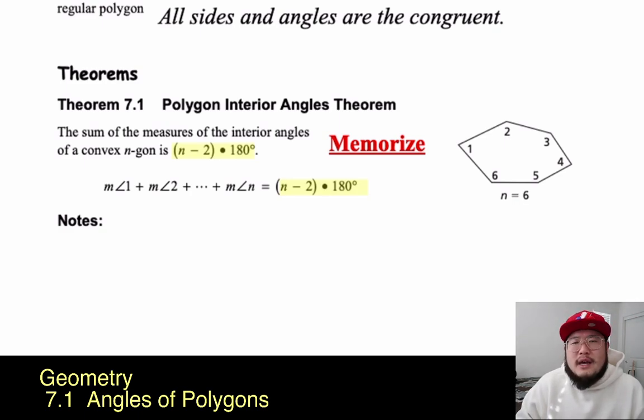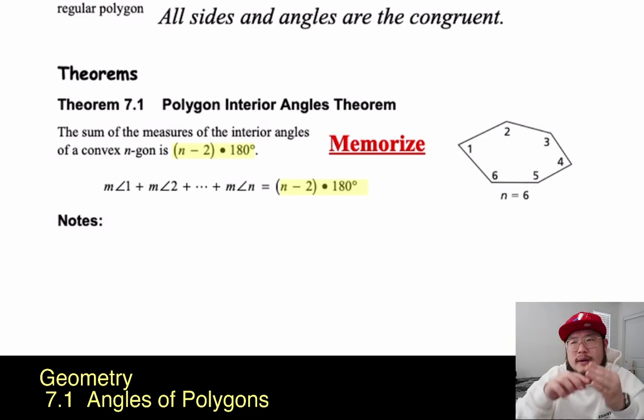We use this equation: n minus 2 times 180. And that will tell you the sum of the interior angles of a convex polygon. Now that's also important, convex. It's when the sides don't go outwards but are all inwards.